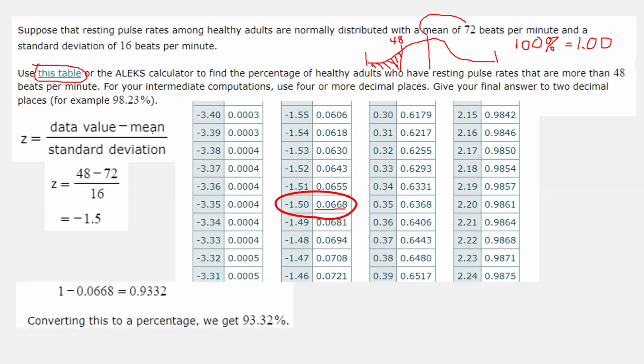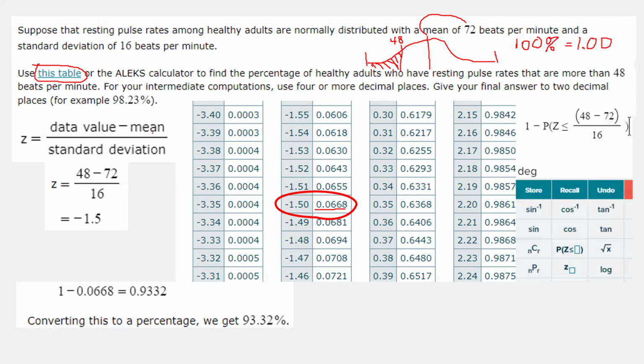So one technique is to use the ALEKS calculator. Not every calculator can do this. Not every calculator has the ability to do this. But the ALEKS calculator is pretty robust and it has this ability.